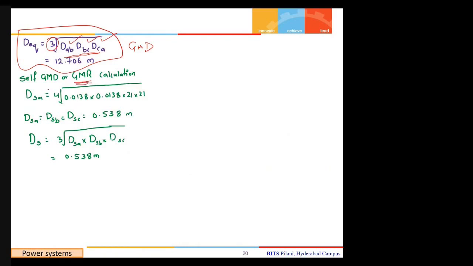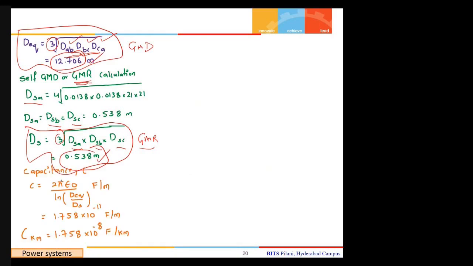So the GMR of the line we have to obtain individually, DSA, DSB, DSC, and then we can put the formula here in DS. So here you have the GMR calculation. Again, you have 3 phases and the individual distances. So here you are getting the GMD, here you are getting the GMR, both are in meters.